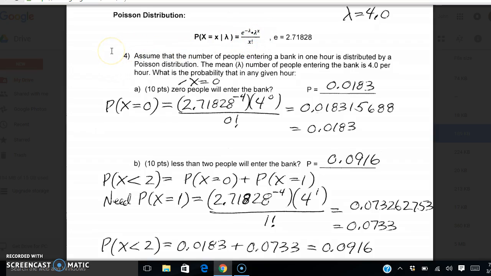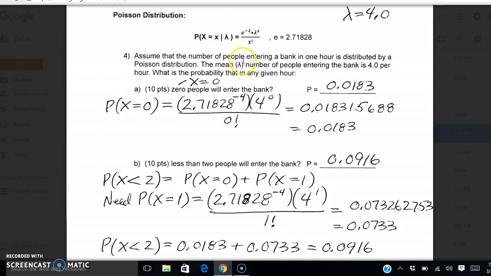The problem states that we should assume that the number of people entering a bank in 1 hour is distributed by a Poisson distribution. The mean lambda number of people entering the bank is 4.0 per hour. What is the probability that in any given hour, A, 0 people will enter the bank?